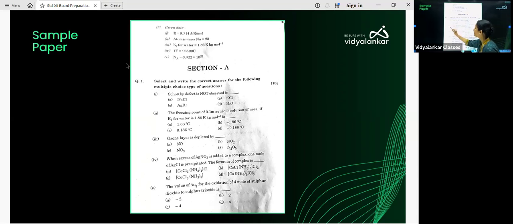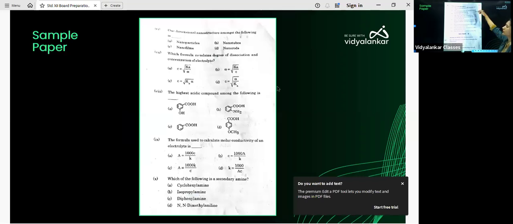All the questions are given with Roman numbers, meaning you are expected to write that question number in Roman. Then your correct option can be a, b, c, d indicated in small letters, and then the correct answer. Okay, so remember this. As question numbers are mentioned in the question paper, you are expected to write the same.